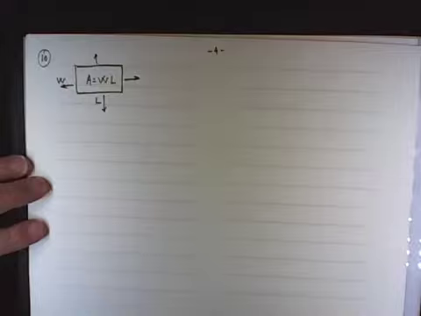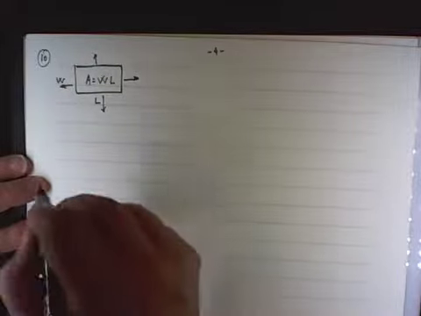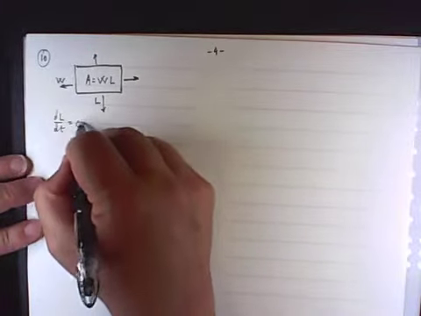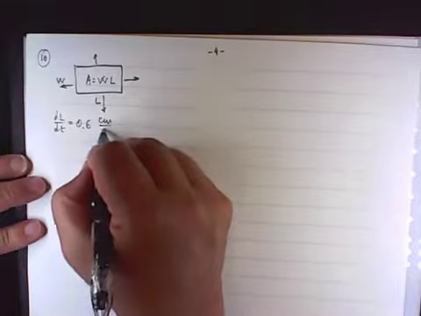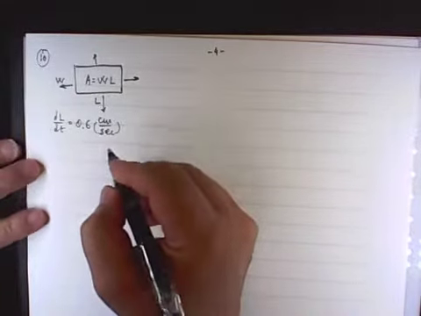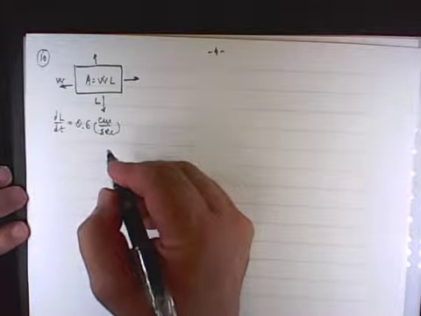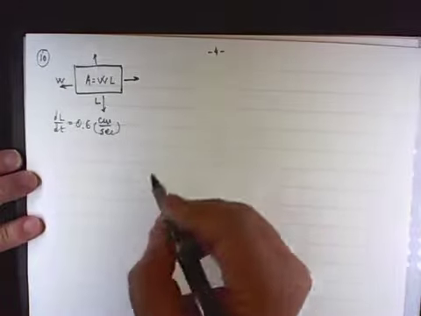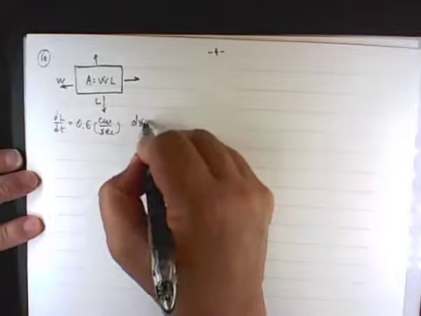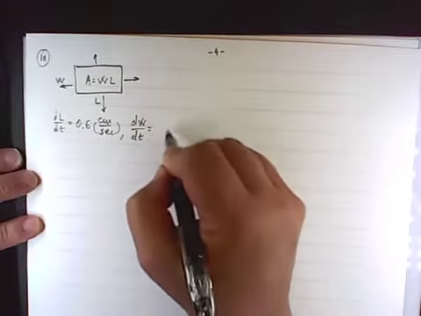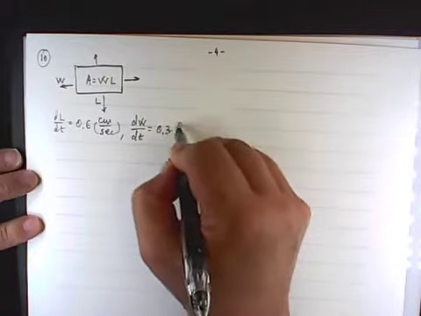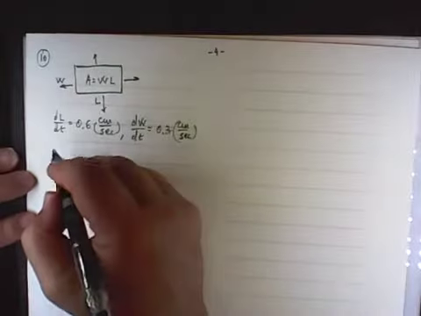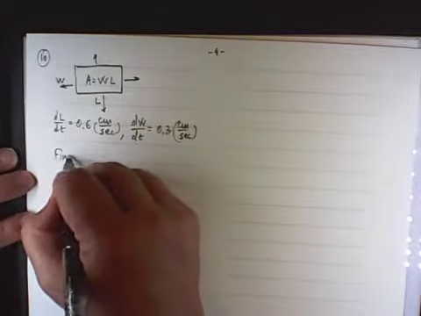Okay, so now what else do we know? We know that the length, dL dt, is changing at a rate of 0.6 centimeter per second. And the width is changing at 0.3. So dW dt is 0.3 centimeter per second. And we want to find the change in the area.